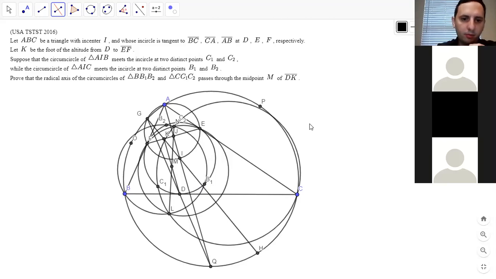So maybe that helps. Yeah, so there's a lot of symmetry here.